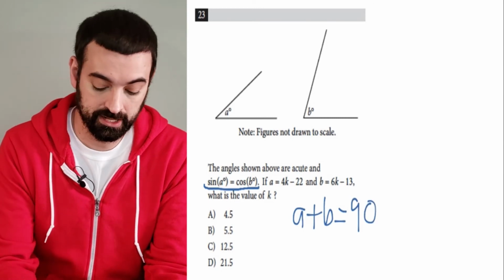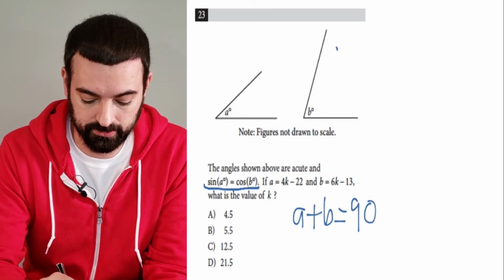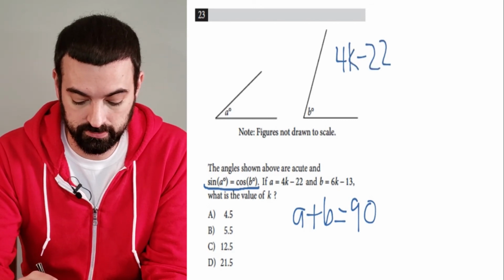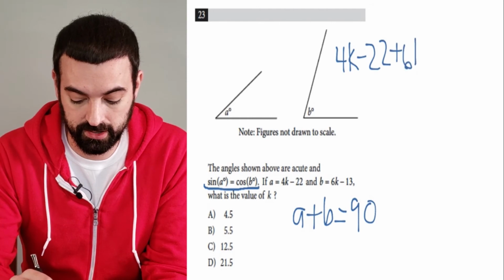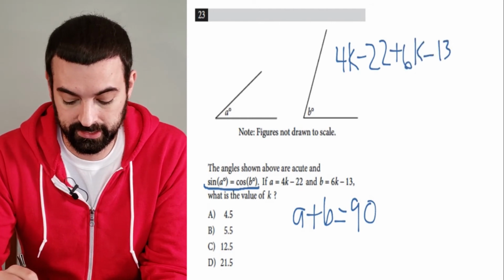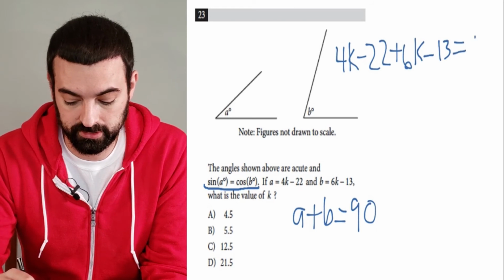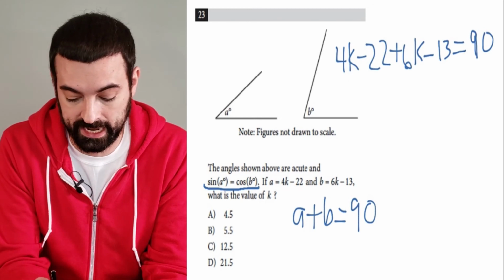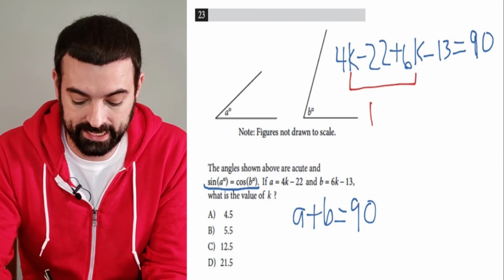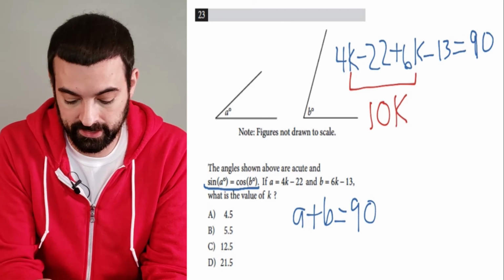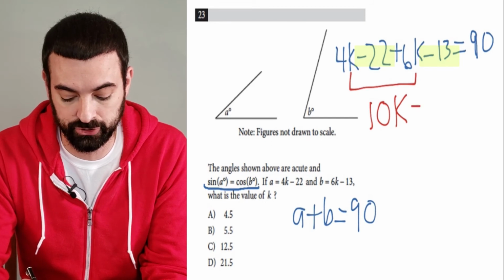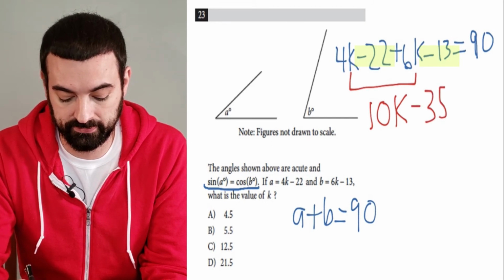That's kind of nice. Now we can just do some algebra. This is easy. Let's say that 4k minus 22 plus 6k minus 13 equals 90. We've got to combine some like terms. 4k and 6k add up to 10k. Negative 22 minus 13 adds up to negative 35.